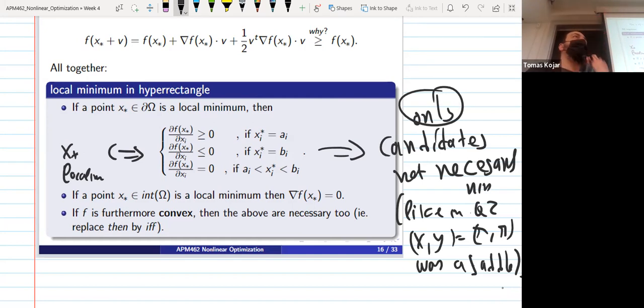Okay, so we talked about this last time, that this goes back and forth, but you need all 3 conditions. So I had to add one more. Okay, is that okay?